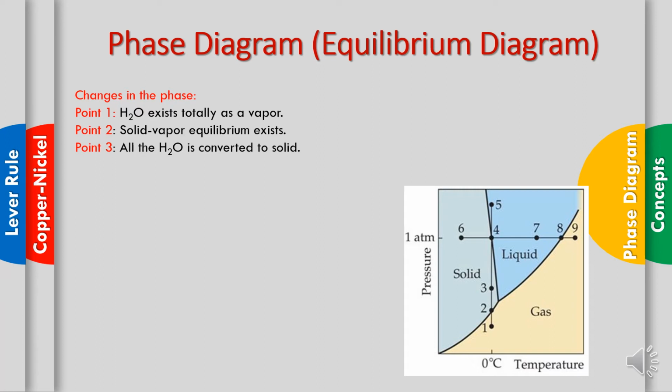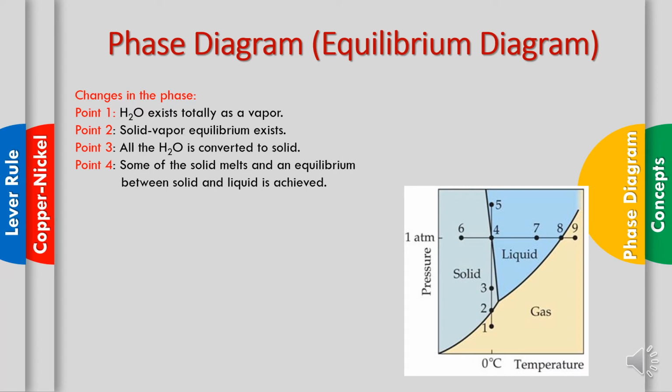Okay, 100%. And then at point 4, some of the ice will melt and equilibrium between solid and liquid is achieved. Okay, at that point, ice and water are at equilibrium.